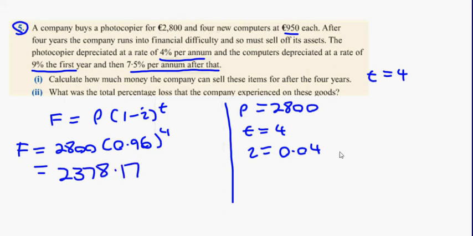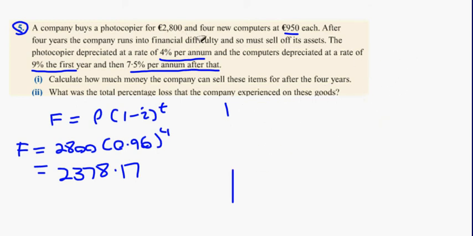Now, the computers are a different story. First of all, we have 4 of them, so 4 times 950 equals 3,800. In the first year, it goes down 9%.